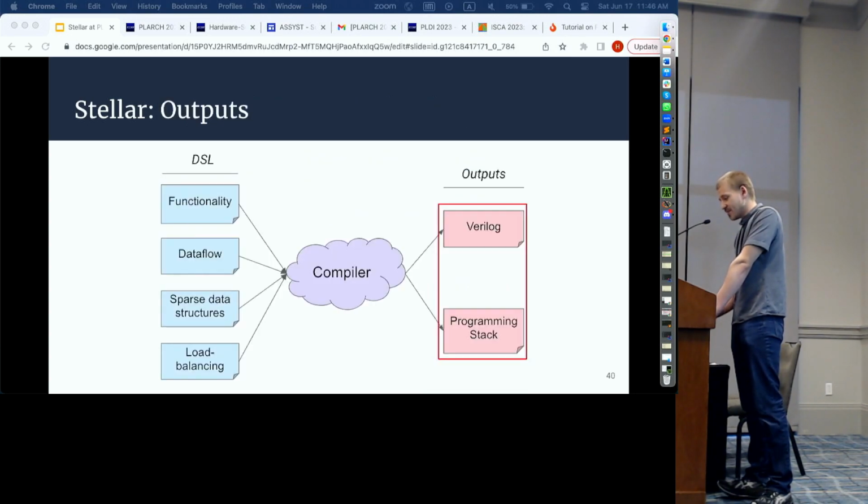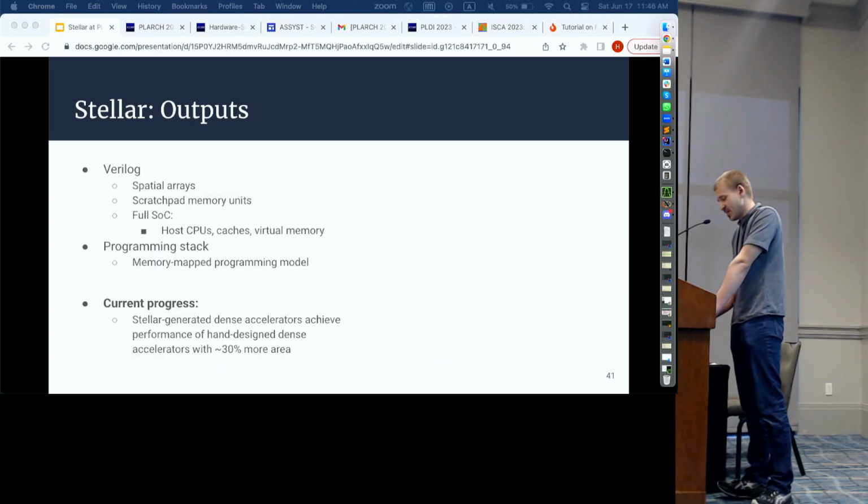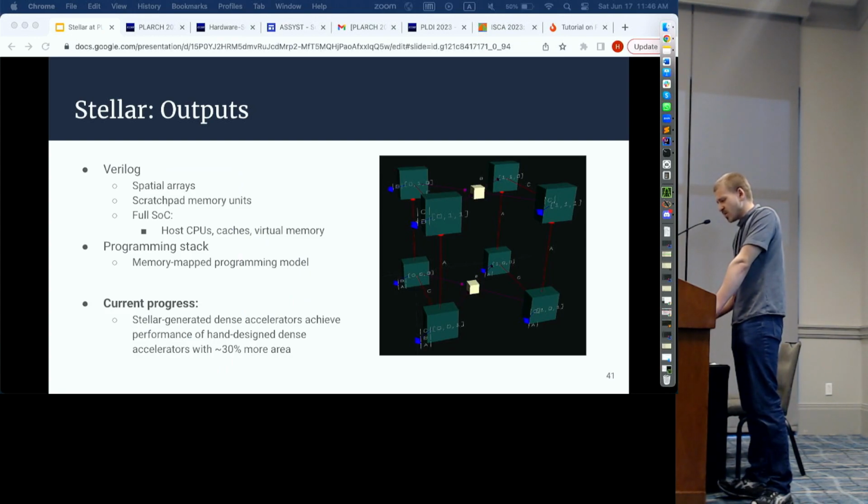And finally, after specifying the exact accelerator design in the DSL, our tool converts these into Verilog modules with programming stacks built for them that aim to allow users to easily build end-to-end applications. So right now, Stellar's compiler can generate full Verilog implementations of accelerators designed using its DSL, as well as the 3D visualizations you can see on the right.